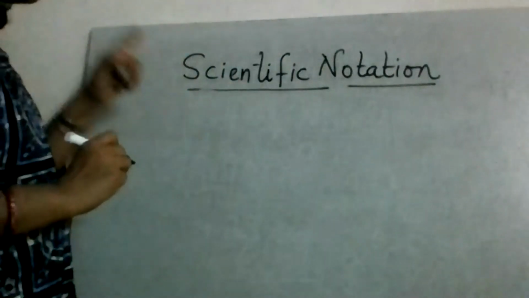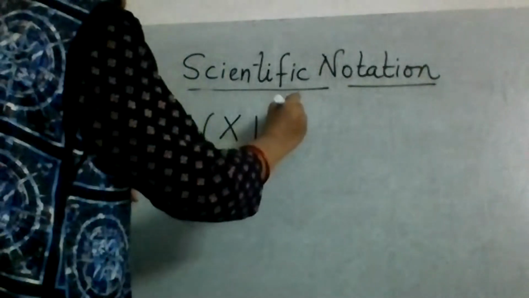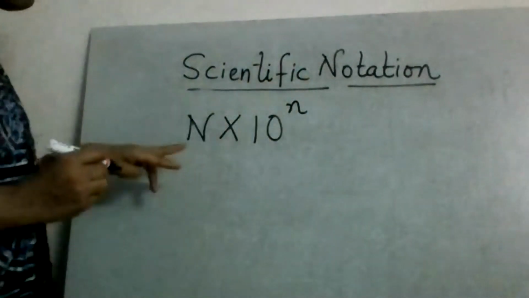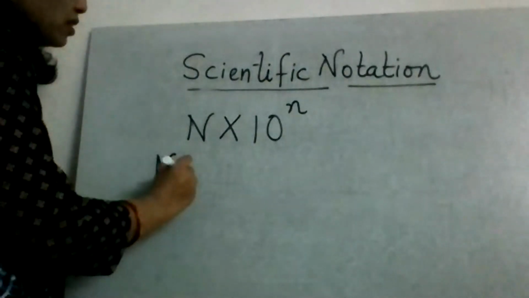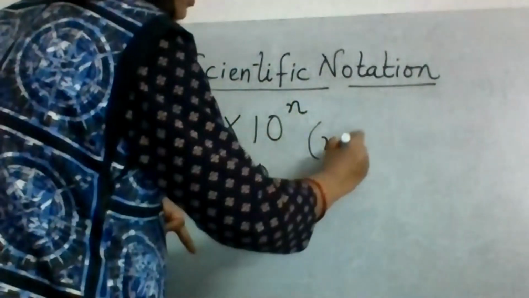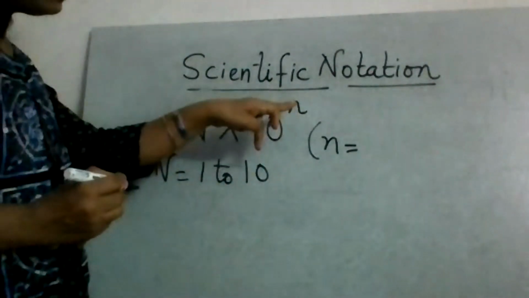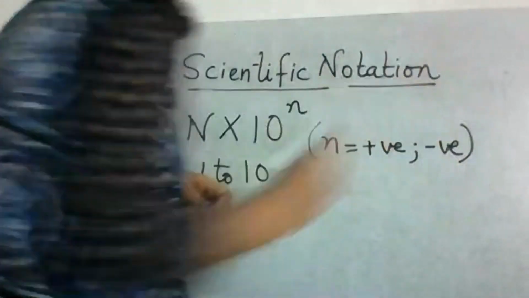Scientific notation method. So any number can be represented in this scientific notation method by putting it in this form, N into 10 raised to n form, where the value of this capital N ranges between 1 to 10, and this small n value is an exponent value, and it can be either positive or it can be negative.